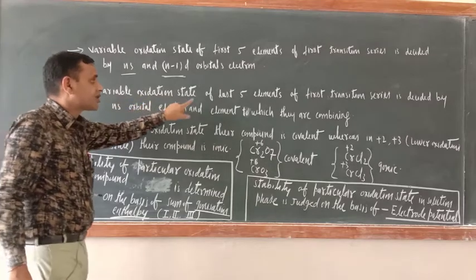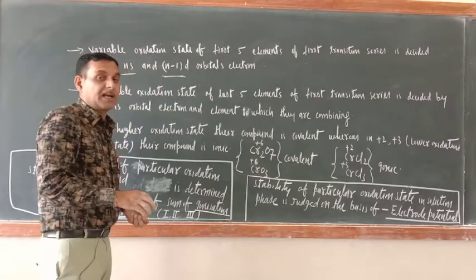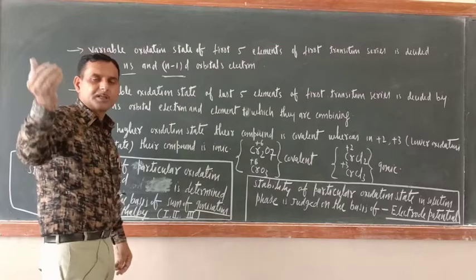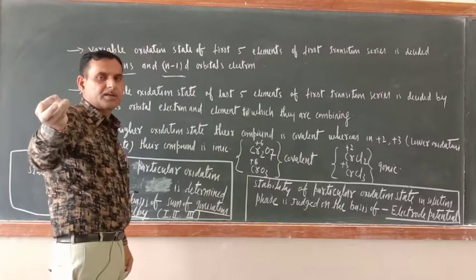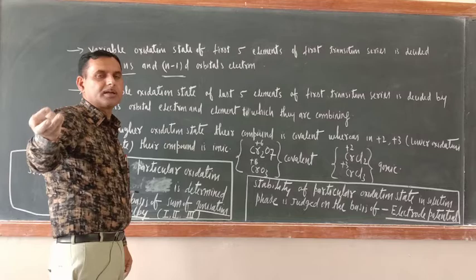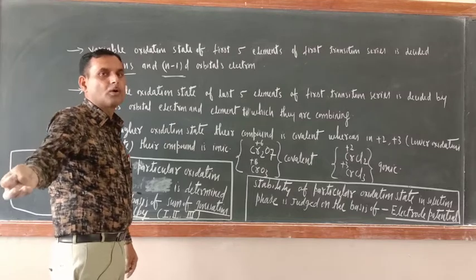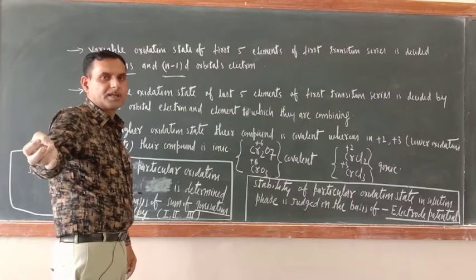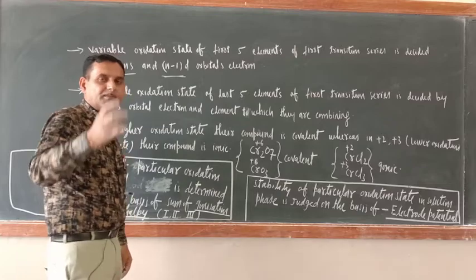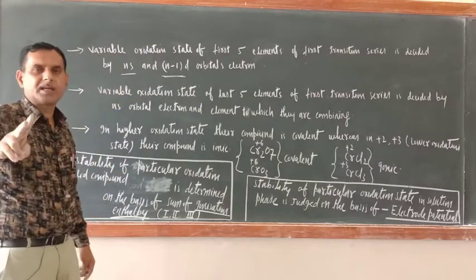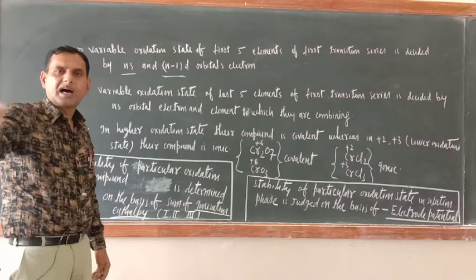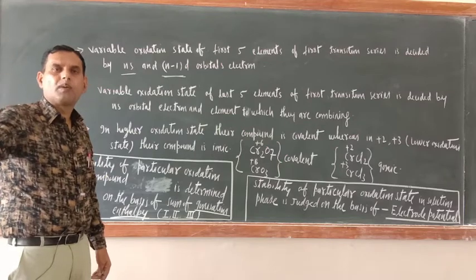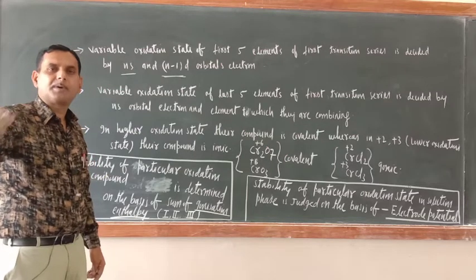Now the variable oxidation state of the last 5 elements. What are the last 5? The first 5 are till manganese, and the last 5 are iron, then cobalt, nickel, copper, zinc.